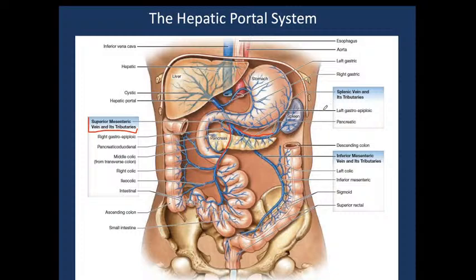And usually it collects blood from the lateral border of the stomach and pancreas. And the inferior mesenteric vein collects blood from capillaries in the inferior portion of the large intestine.